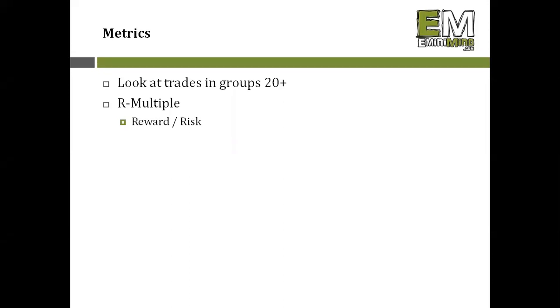So if on the whole position you took out 6 points of profit and you risked 3 points, your R multiple is 2-to-1. And that's a really good way to get a gauge of how both your individual trades are doing and then how your trading as a whole is going.